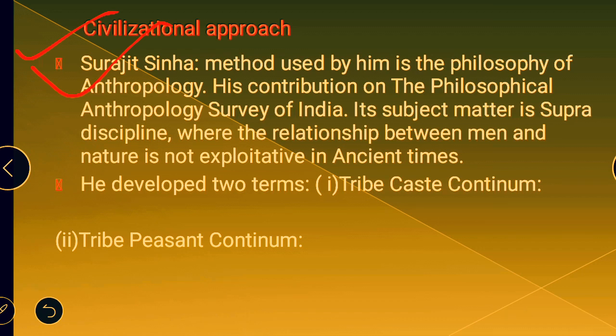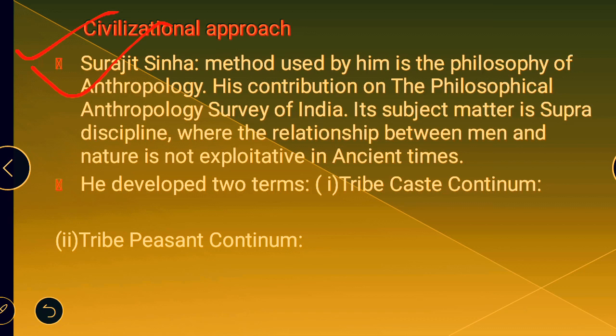His contribution towards the philosophical anthropology survey of India is very popular, and he also talked about the relationship between nature and man in ancient times. He finds that the relationship between man and nature was not exploitative, whereas it was balanced in Indian ancient times, while in modern times man tries to exploit nature for his own benefit.